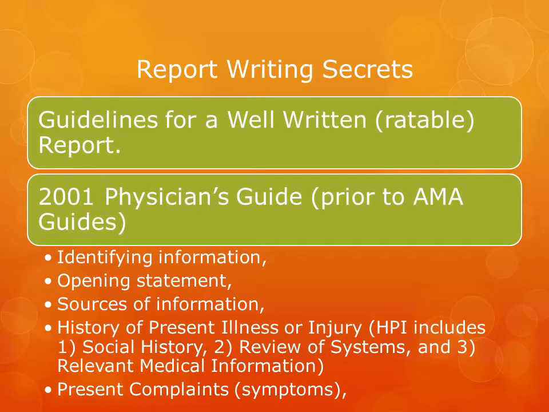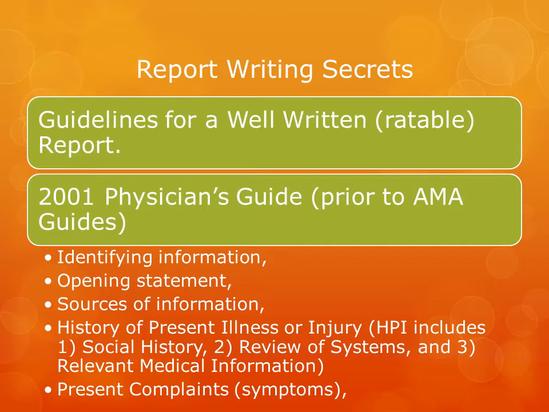And with regards to report formatting, there's basically two sources that we rely on for what information goes into our QME reports. Now, before 2005, before we started using the AMA guides, we relied on the 2001's Physician's Guide to tell us what elements go into a good QME report.